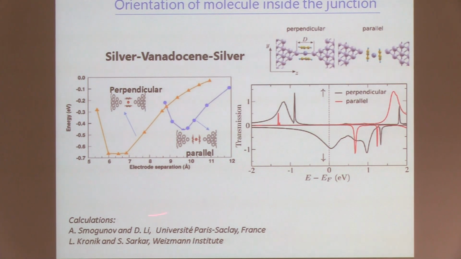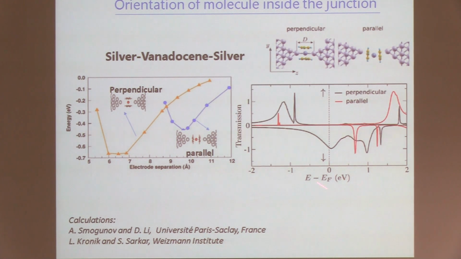First of all, this is the binding energy curve, where we find that our junction is mainly sitting in this perpendicular configuration of the vanadocene molecule. Both are stable, the parallel configuration is also stable, but the conductance of the parallel configuration is pretty low compared to this perpendicular configuration.